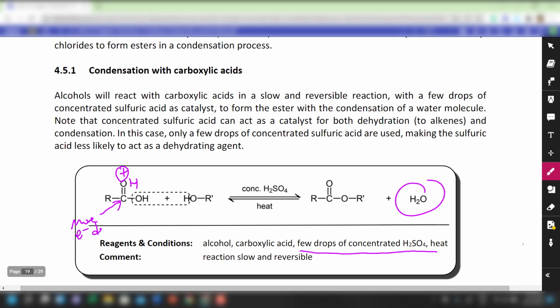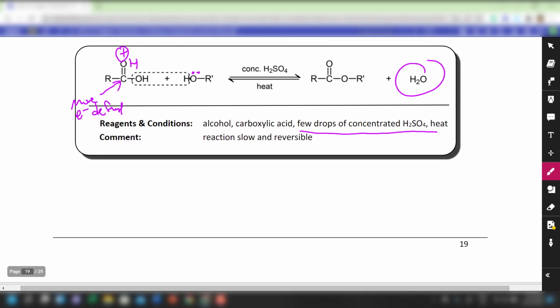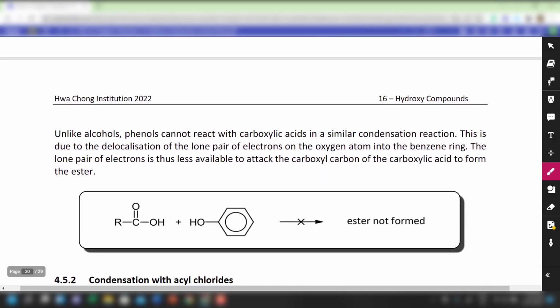The more electron deficient your carbonyl carbon is, the more susceptible it will be towards nucleophilic attack by a weak nucleophile such as an alcohol.